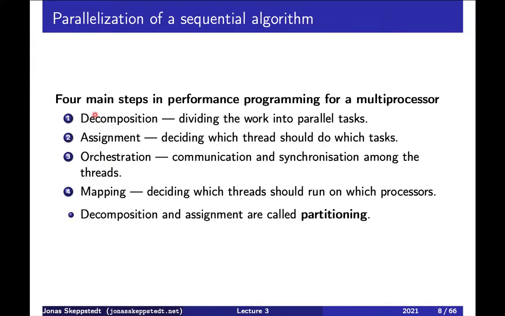These 4 steps were introduced, or perhaps better to say popularized, in an important book written by Culler and Gupta at Stanford and Berkeley. And also, sorry, I forgot one, namely J.P. Singh at Princeton.